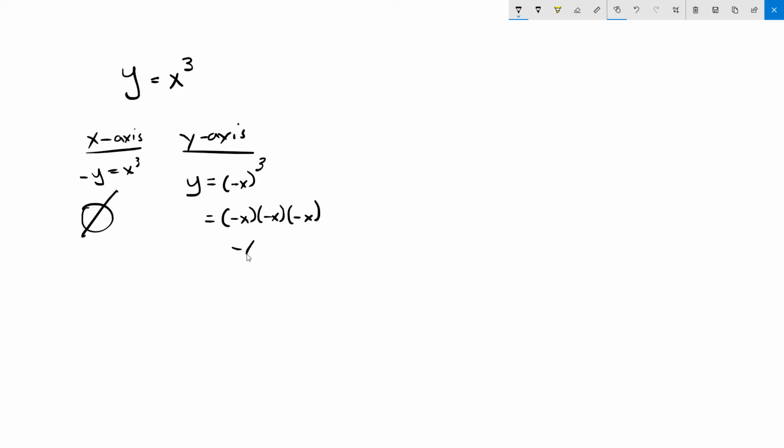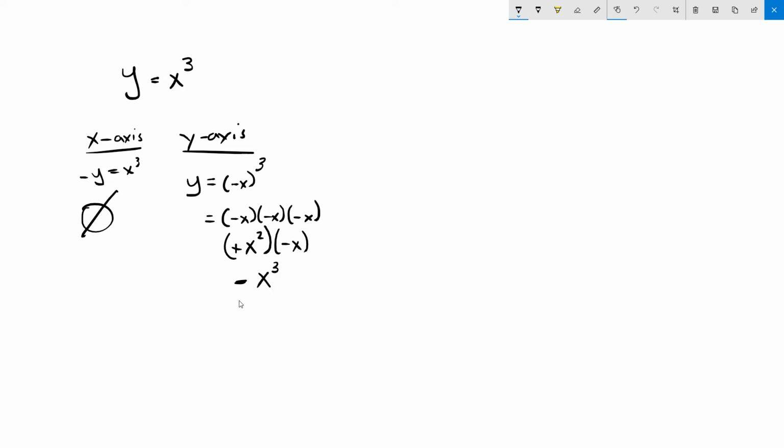This is going to give us a positive x squared, right? Negative and negative makes it positive, and x times x gives us x squared. Then we have x squared times a negative x still from over here. So what would a negative and a positive give us? It gives us a negative, and this is going to give us x cubed for all the x's, right?